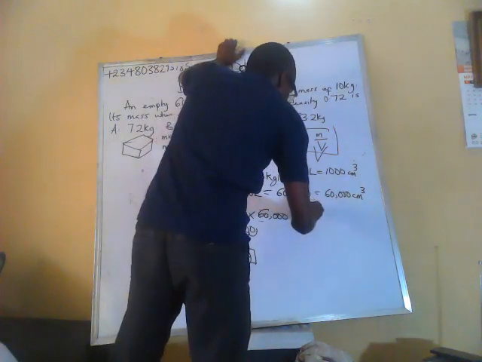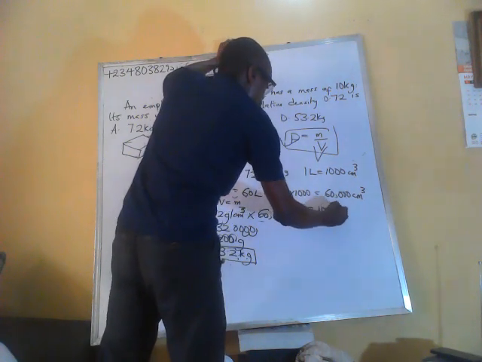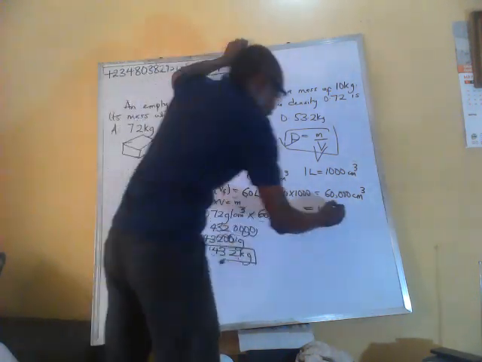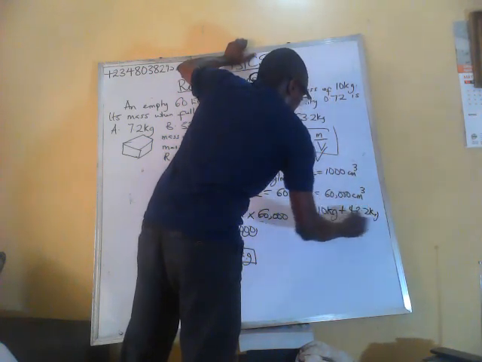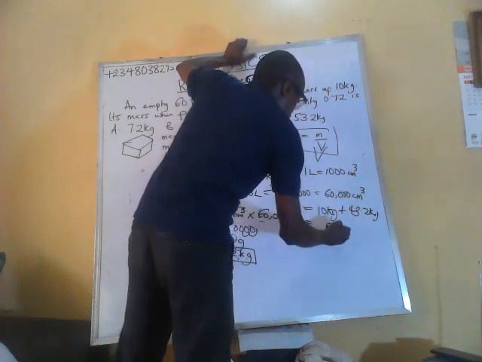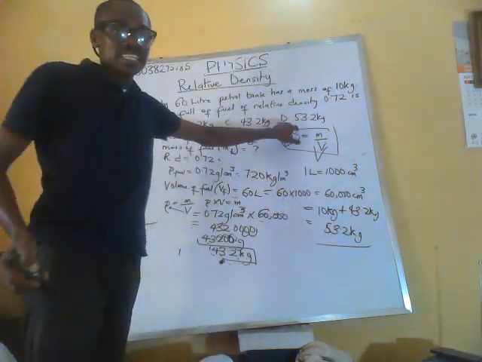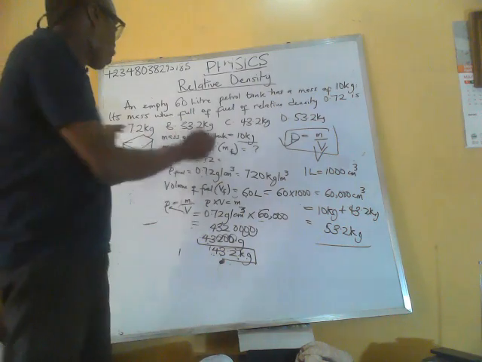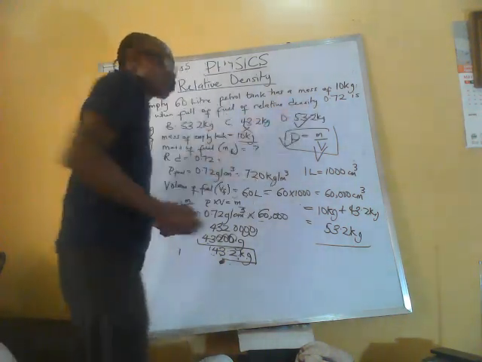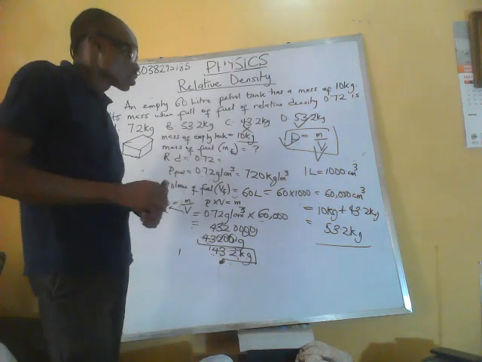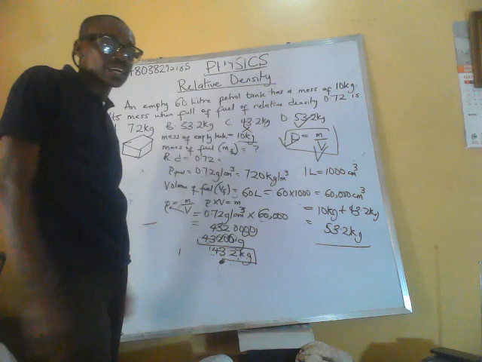The total mass now will be the mass of the tank, which is 10 kg, plus the mass of fuel, which is 43.2 kg. So this gives us 53.2 kg. So our answer is D. If you had already chosen C, you would have been wrong. D is the correct option there. So the answer is 53.2 kilogram.